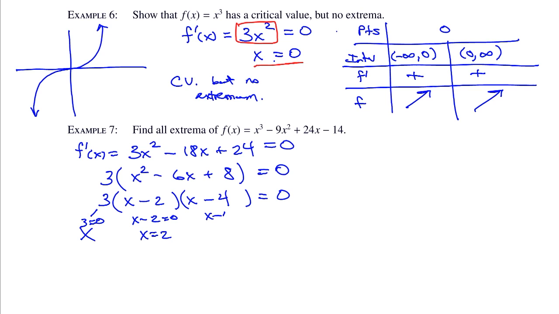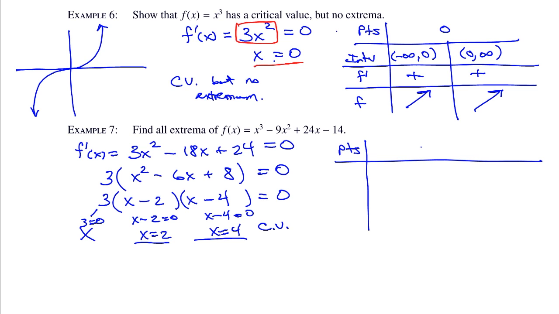And then x minus 4 equals 0 is x equals 4. So we have these two critical values. We'll use these critical values in the sign chart table. Since we have two critical values, we make two partitions, and that gives us 3 intervals.